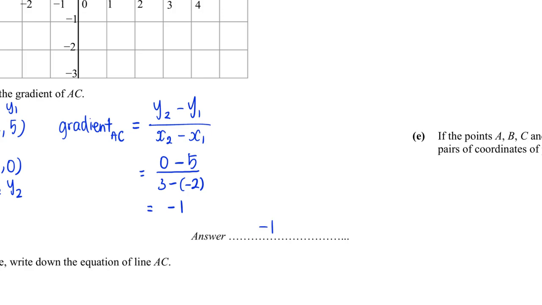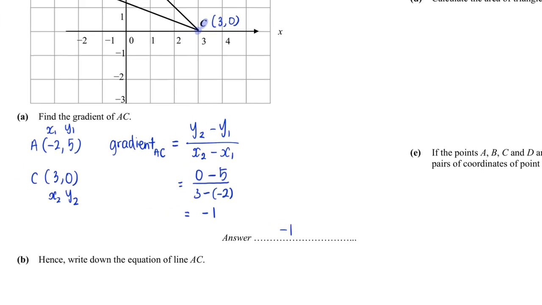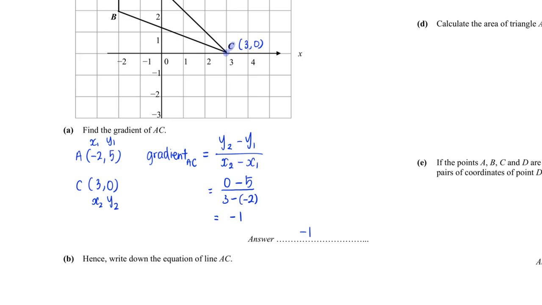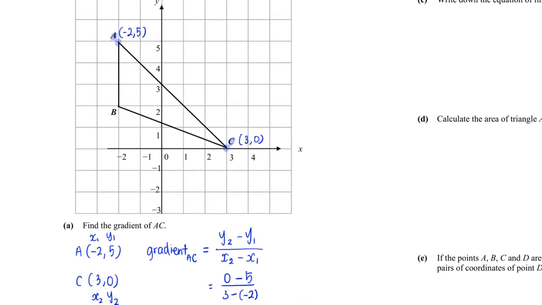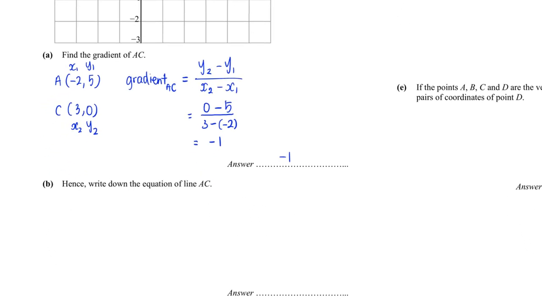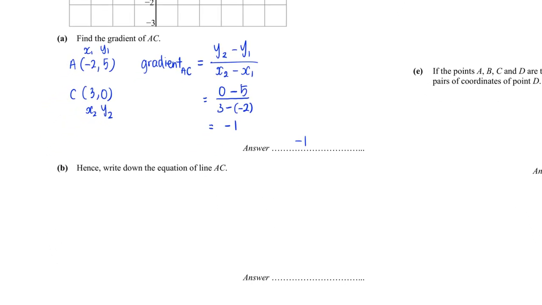And with this gradient, and knowing this particular point here is the y-intercept, then I will be able to get my c, which is 3. Therefore, y equals mx plus c, right?